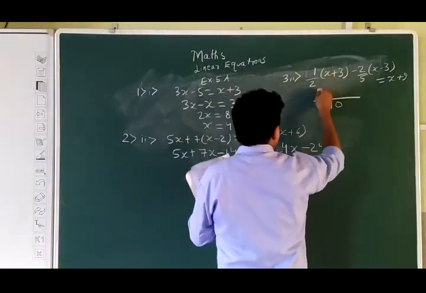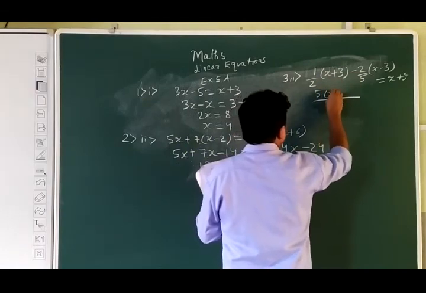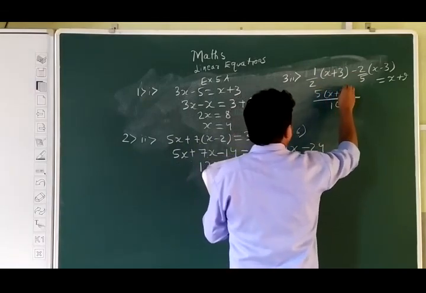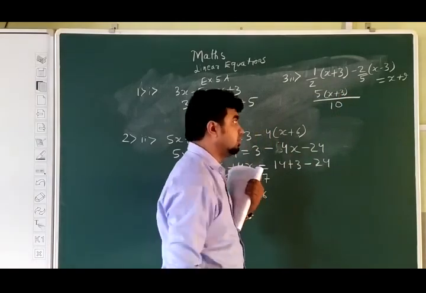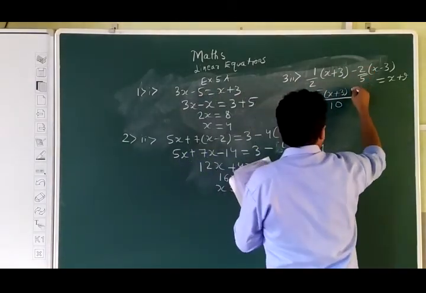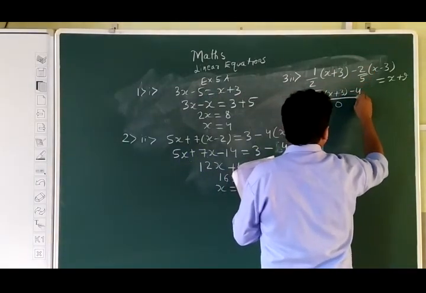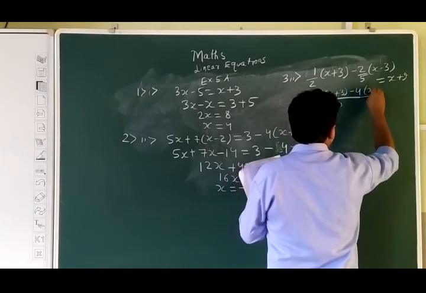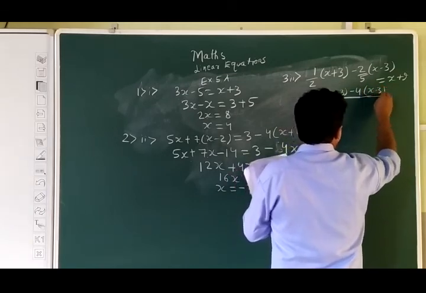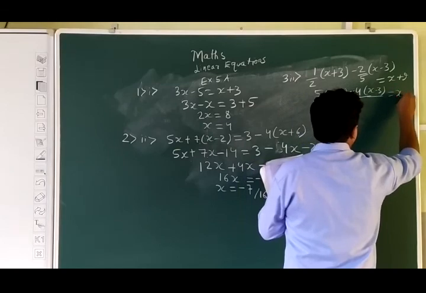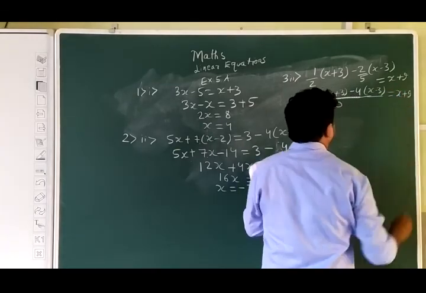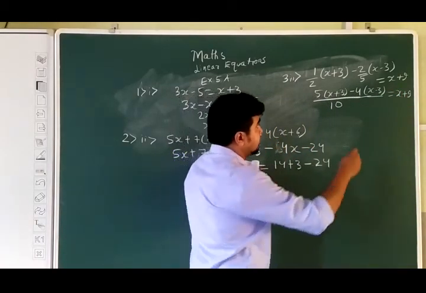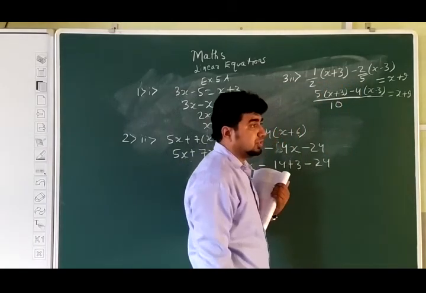5 will be multiplied to x plus 3. As we know how to calculate LCM. And this 2 will be multiplied to minus of 2, that is 4 of x minus 3, will be equal to x plus 9. I have taken the LCM, 2 and 5 LCM is 10.